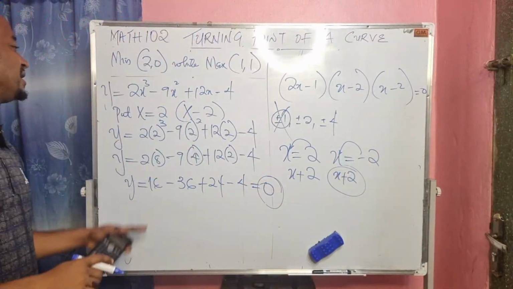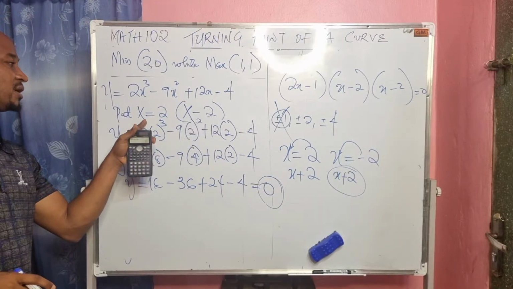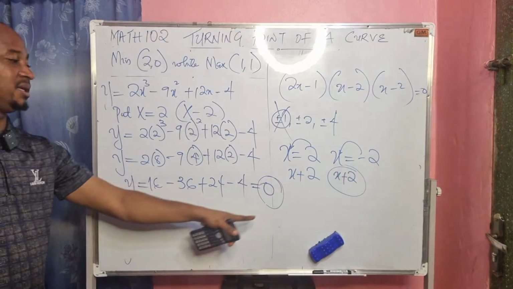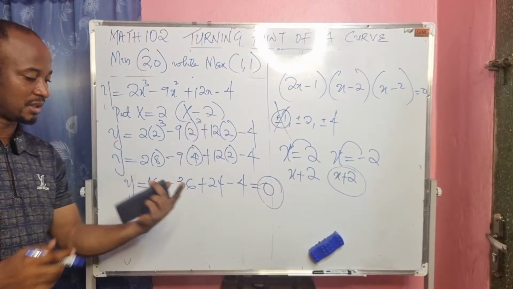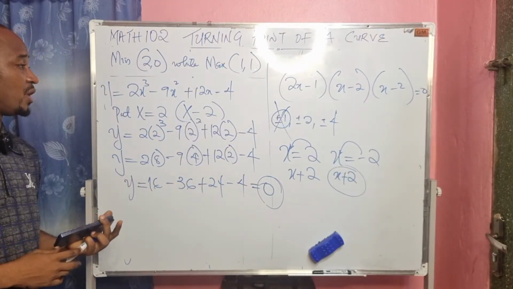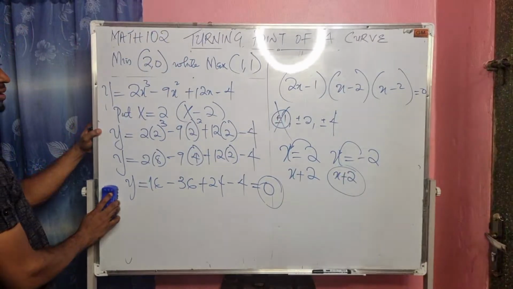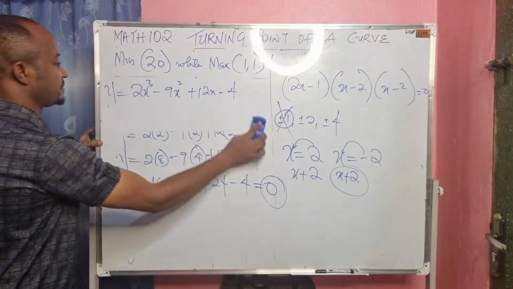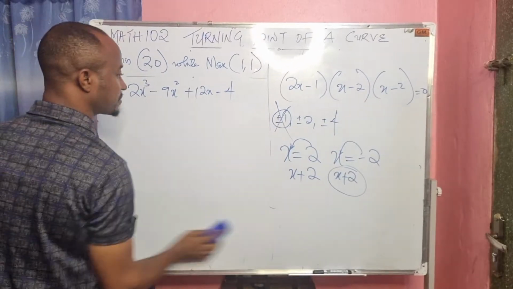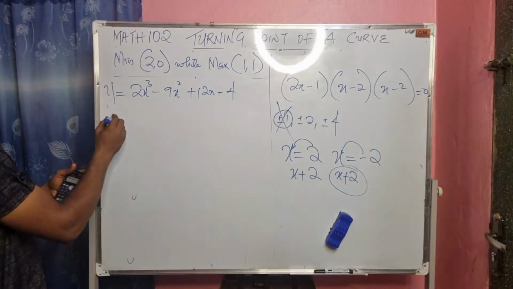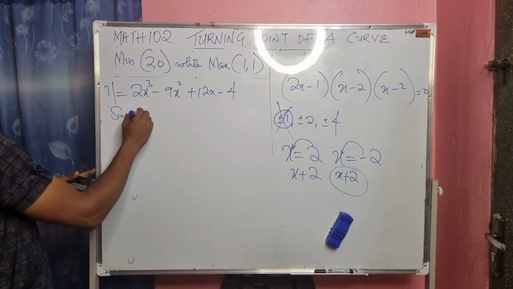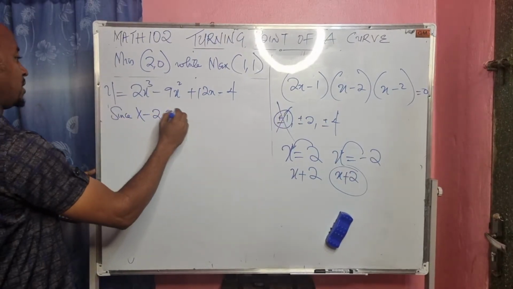So since I've already tested and we got that x equals to 2 is a factor, okay? So what do we do? I will divide using long division. Now watch. Okay, please take note. So we divide since x minus 2 is a factor.